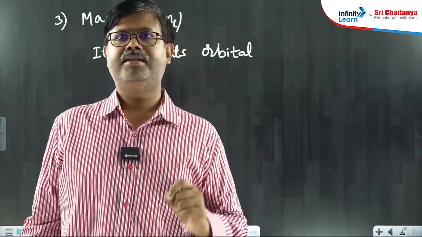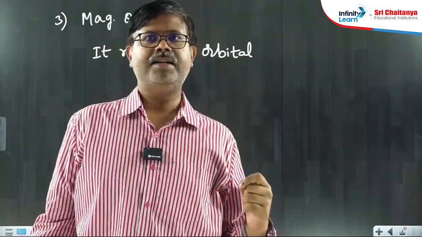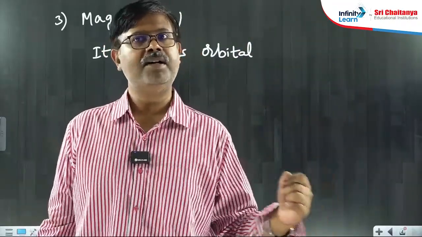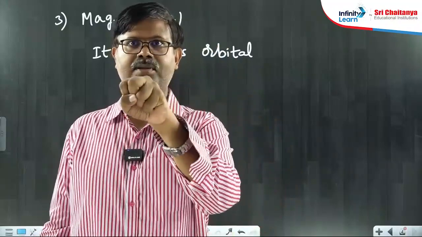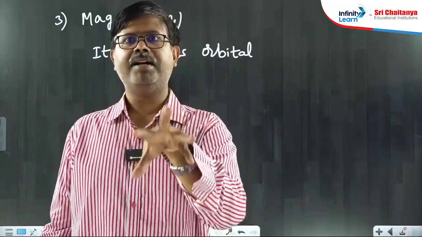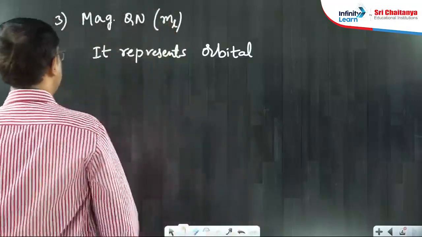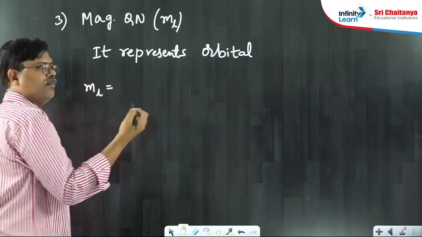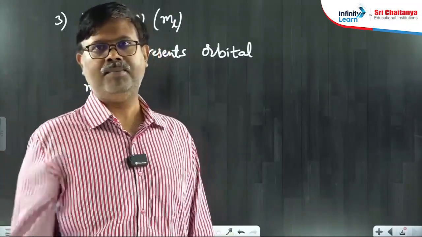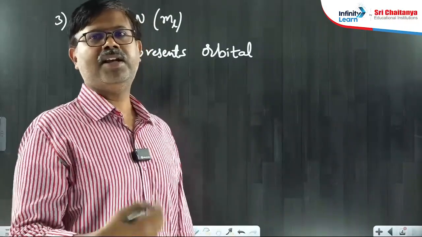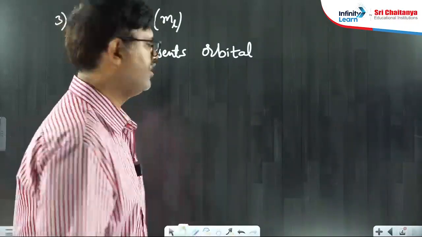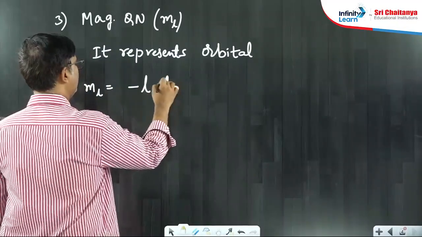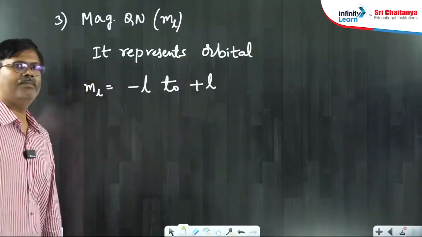City we call shell, street we call subshell, and house in an atom is the orbital. The orbital is like a house of electrons; inside the orbitals, electrons will be living. Orbitals also have numbers, like shell numbers and subshell numbers, and those numbers vary from minus L up to plus L.